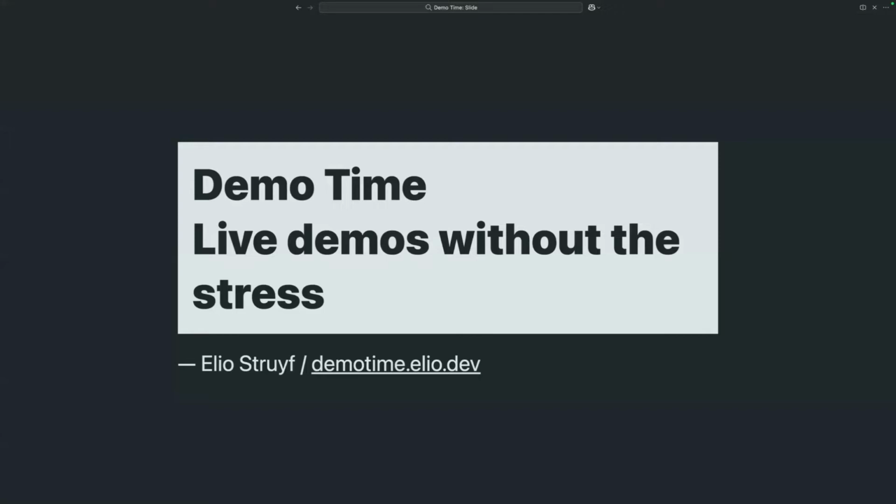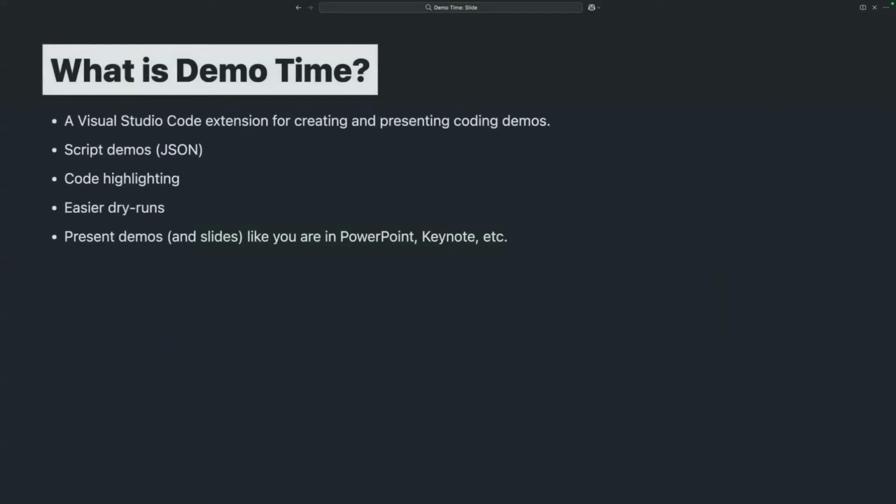Demo time is a Visual Studio Code extension which you can use to present your coding demos straight from within Visual Studio Code. You create a script. A script is a JSON file where you have all of the capabilities of Visual Studio Code in your hands. So you automate everything.